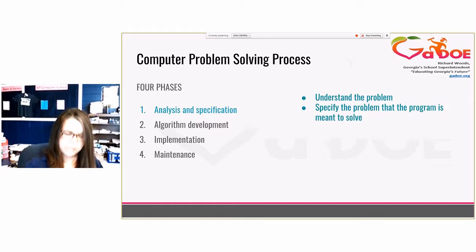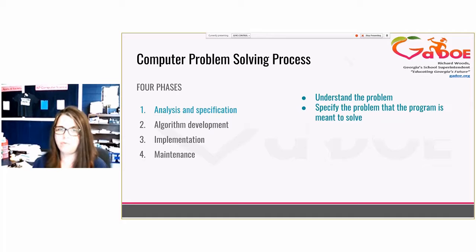This cannot be stressed enough because a lot of times, most times, students and professionals want to dive right into the programming, but if you build your program on an unstable foundation, it's going to be really hard to maintain down the line.